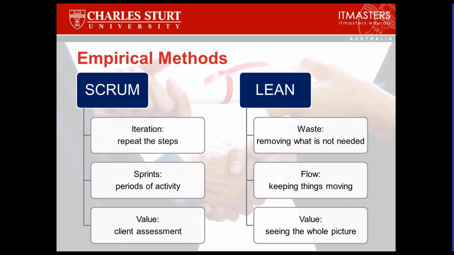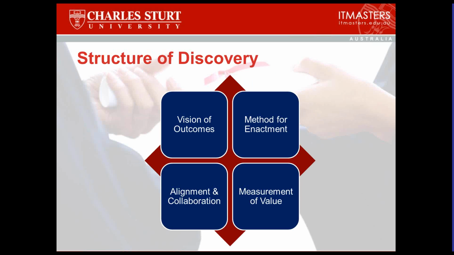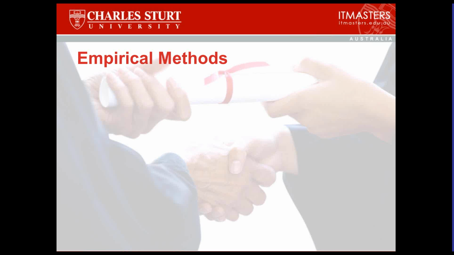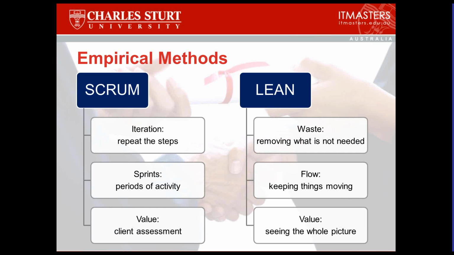Very different concepts, but still supporting the pillars in the structure, which I'll go back a slide to. These four pillars of structure: a vision of the end game, something to aim for; a way of getting there; a process of getting everyone working collaboratively together; and a way of checking to see whether or not it's working. So if we have all of this, how do we know which way to go?